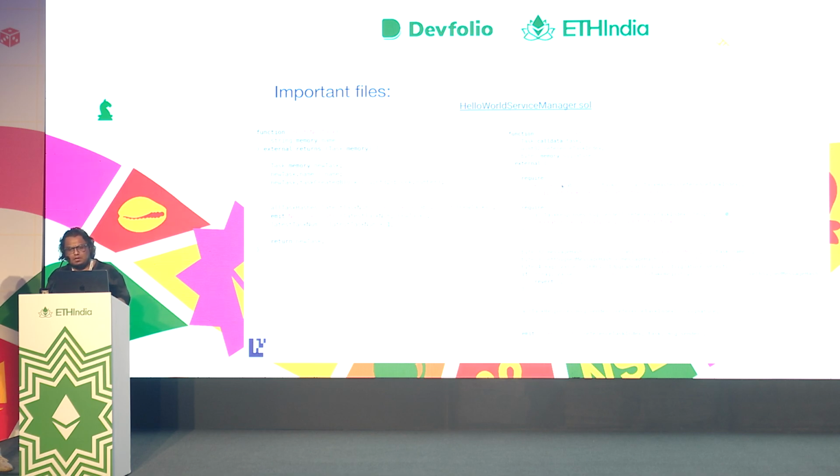If you see in the respond to task, you have the reference checks on: am I supposed to respond to this task? Does it match my requirements? And is this actually something that I care about? And after all those checks, you see the message hash, which is hello and the task name that was sent. It is signed and it is sent on chain so that there is a record of what the operator has done.